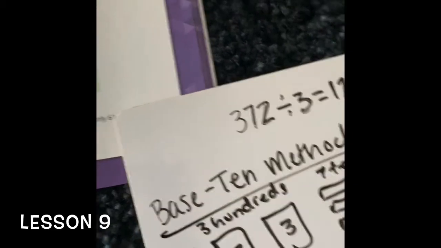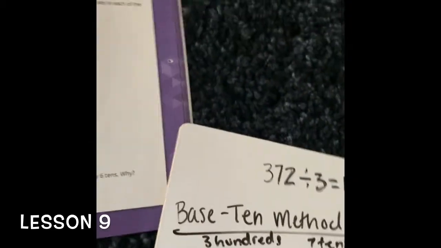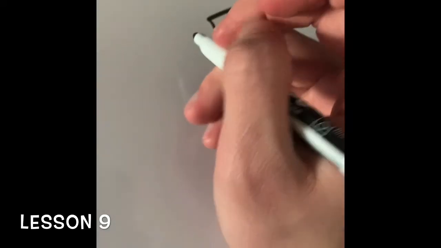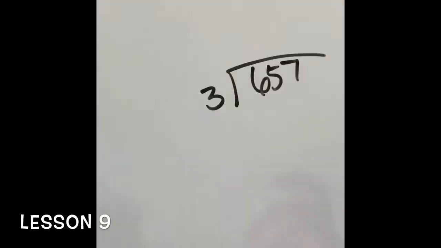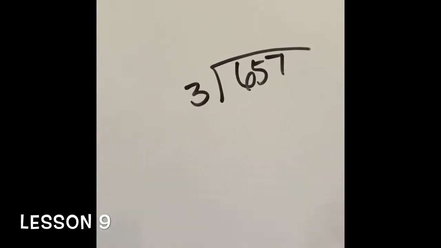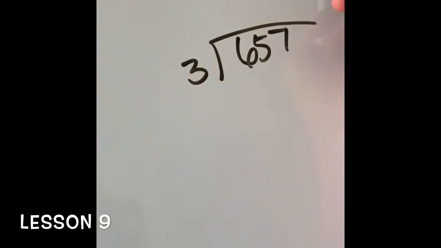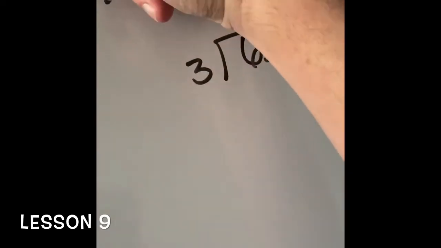Okay, so then our next method is going to be found on page 60 in your packet or your book, whichever you have. With this one, we're going to be doing 657 divided by 3. So this is called the partial quotient method. I'll write that right here.